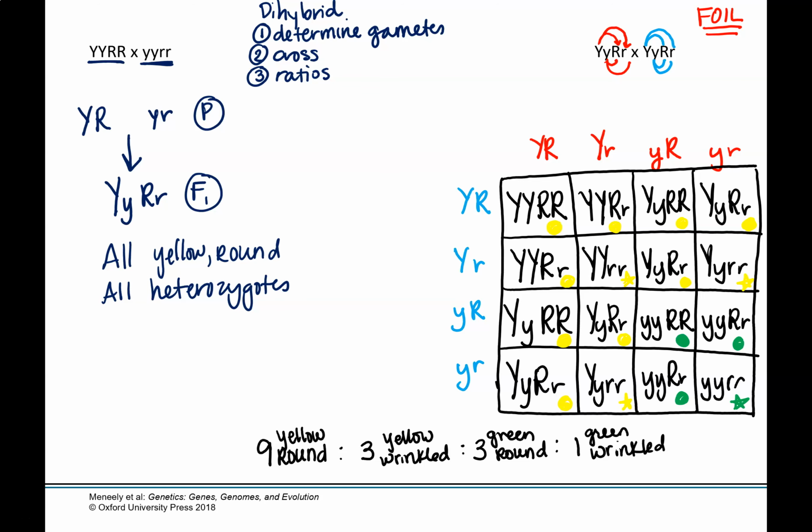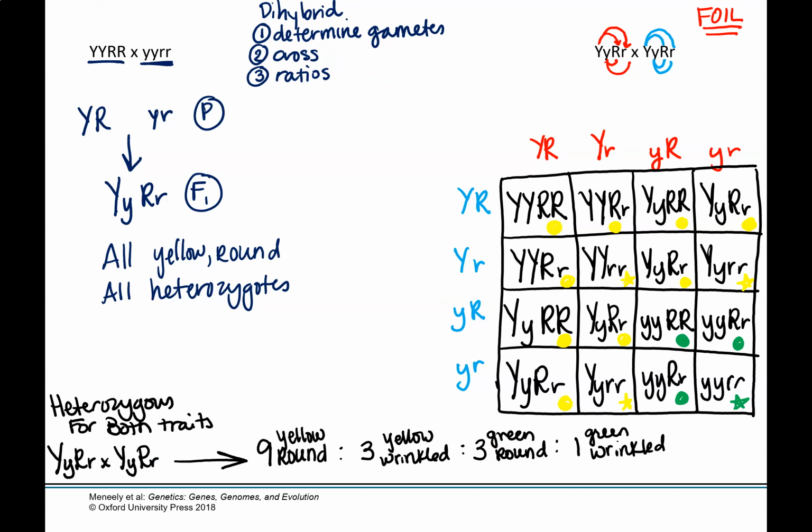So just like that 3-to-1 ratio, that was really important. This 9-to-3-to-3-to-1 ratio is also important. When you do a cross where both individuals are heterozygous for both traits, in other words, the cross that we just did, you are always going to get this 9-to-3-to-3-to-1 ratio.